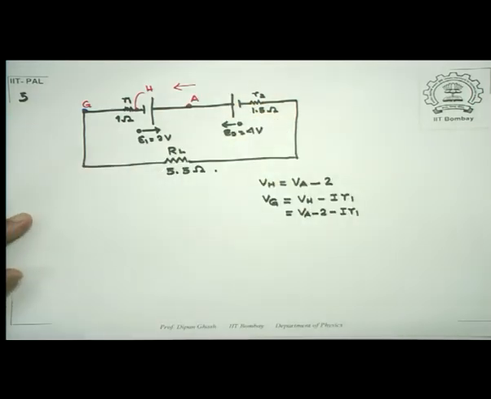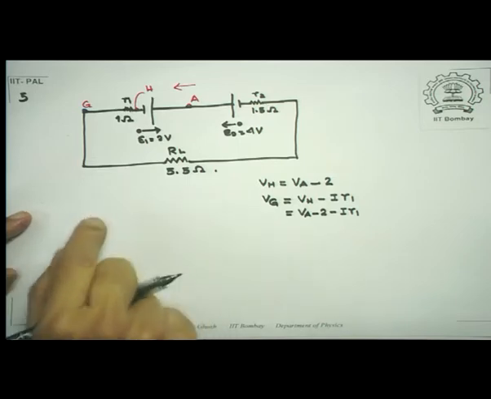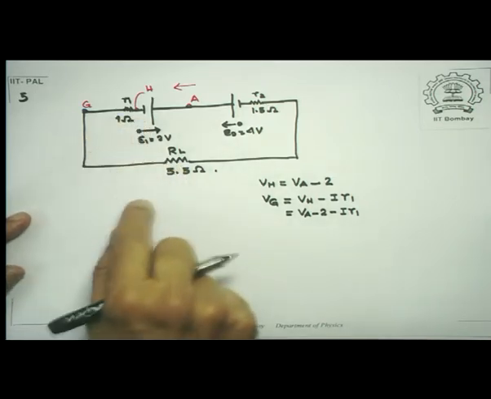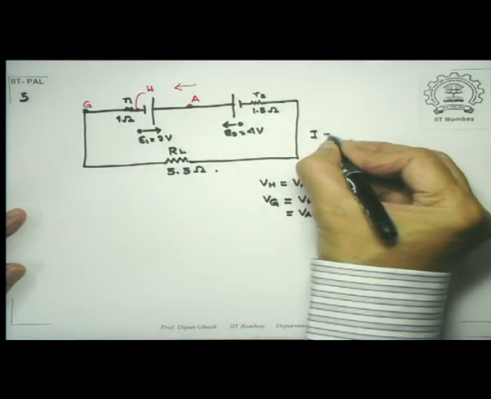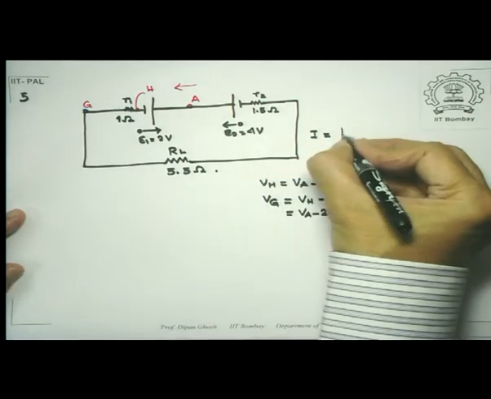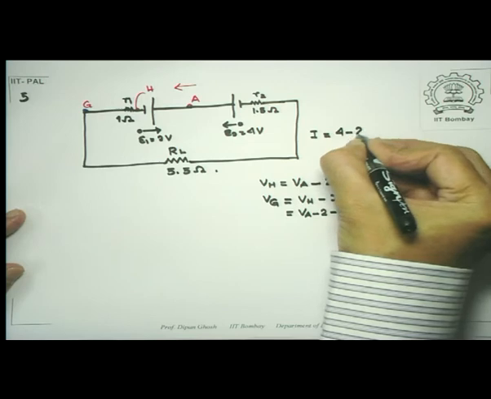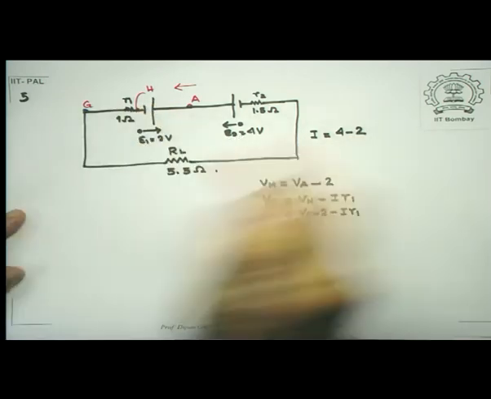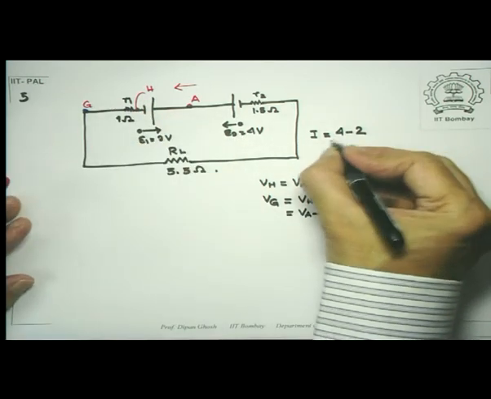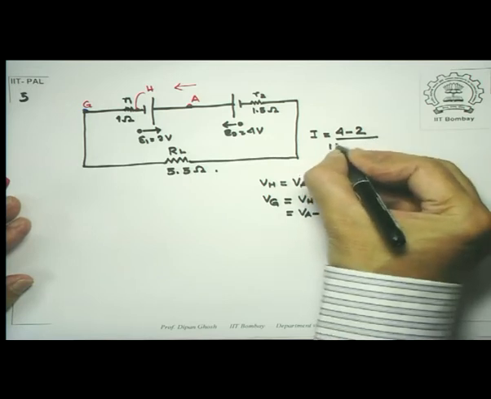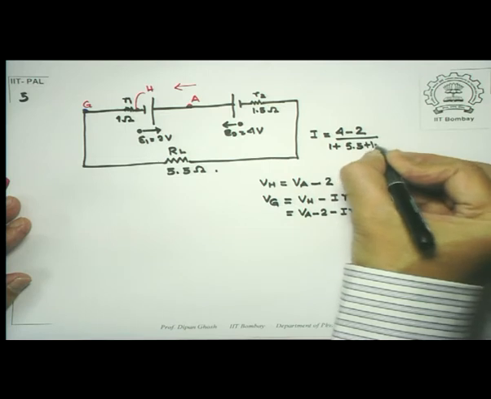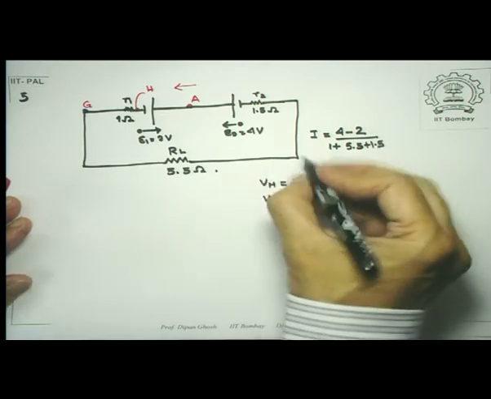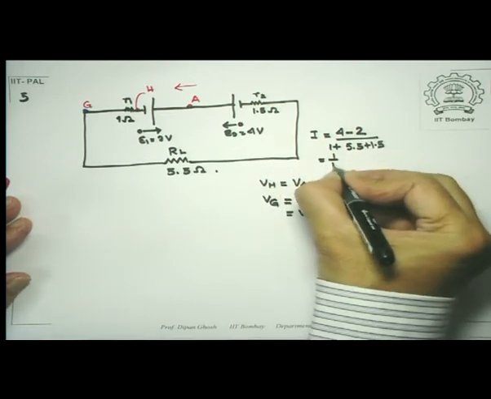So therefore, my current I would be given by: I had increased by 4, this was decreased by 2, so this would be equal to 1 plus 5.5 plus 1.5, which is simply equal to 1 by 4 amperes.